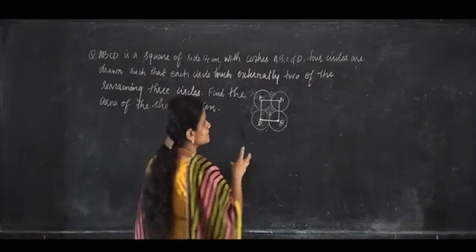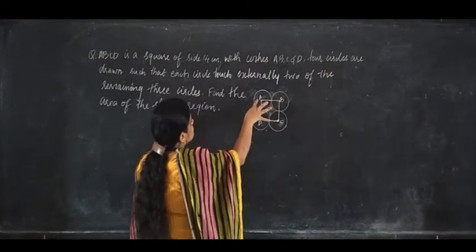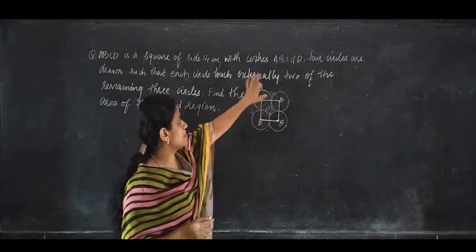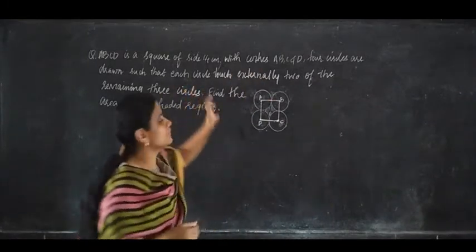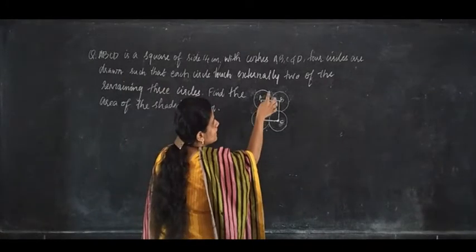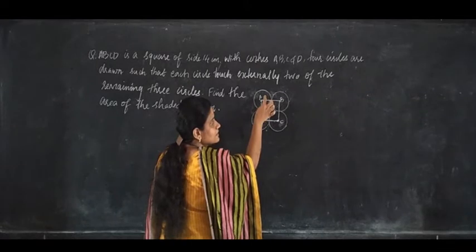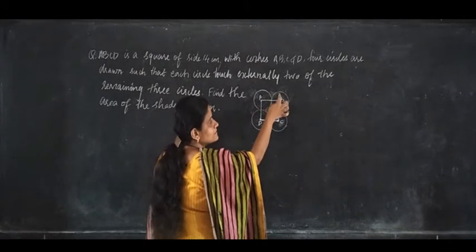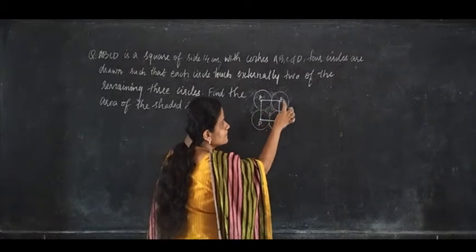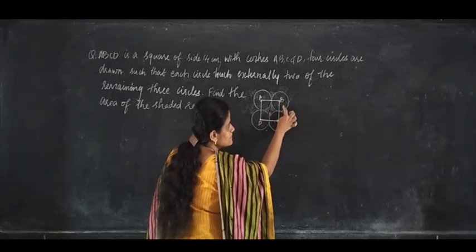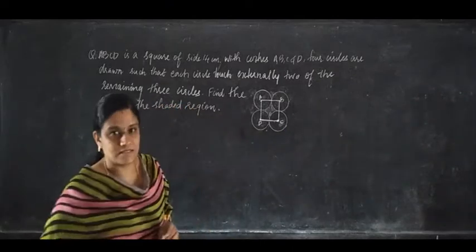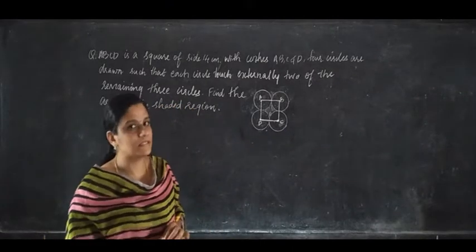And each circle touches externally 2 of the remaining 3 circles. If we consider the first circle, it is touching this and this circle, is it? Yes or no? Now if we consider this one, this circle is touching 2 circles, is it? So 1 circle touches externally 2 of the remaining 3 circles.